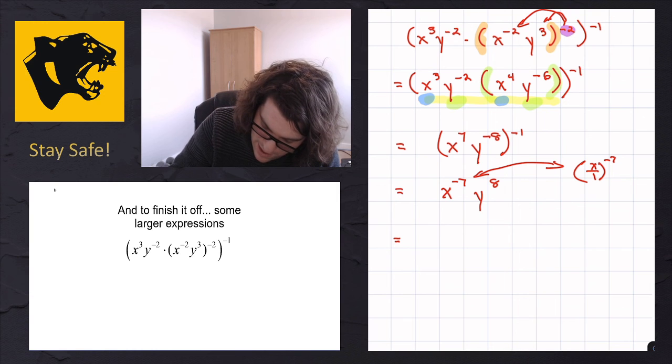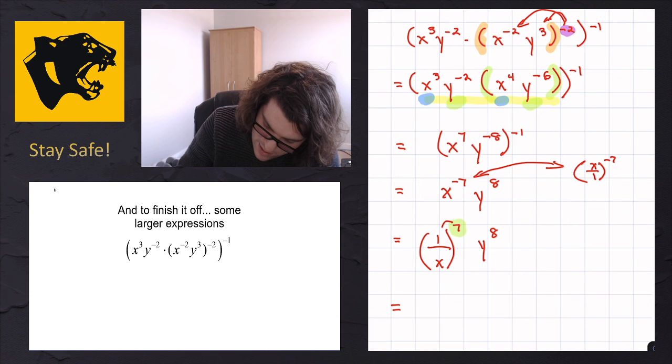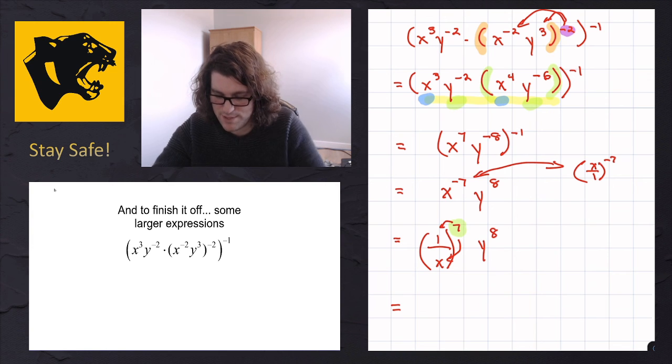So I can flip that to being 1 over x to the power of 7, and then y to the power of 8. And the 7, just like it can in the multiplication case that we did up above, it can be brought in to both the numerator and the denominator as a power of 7.